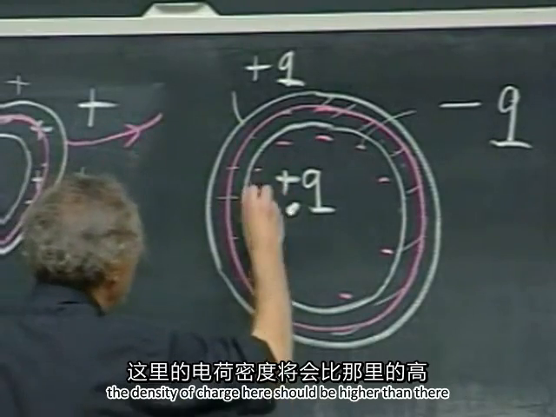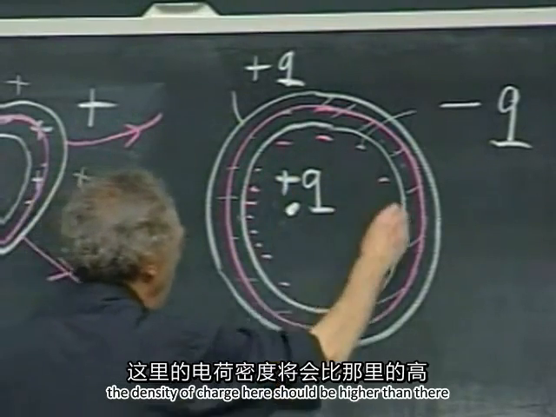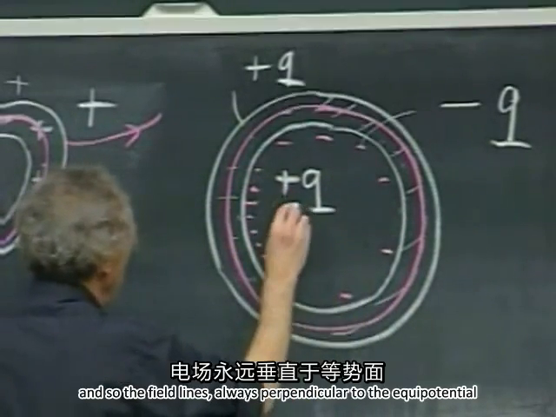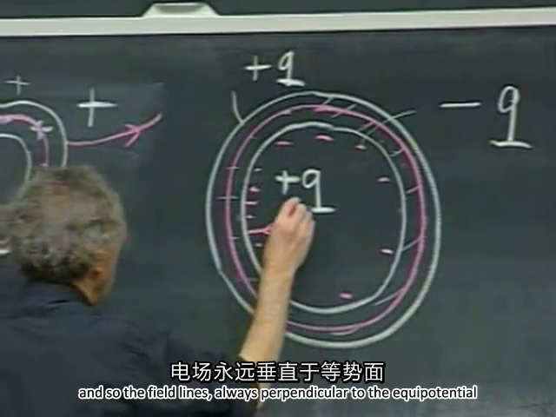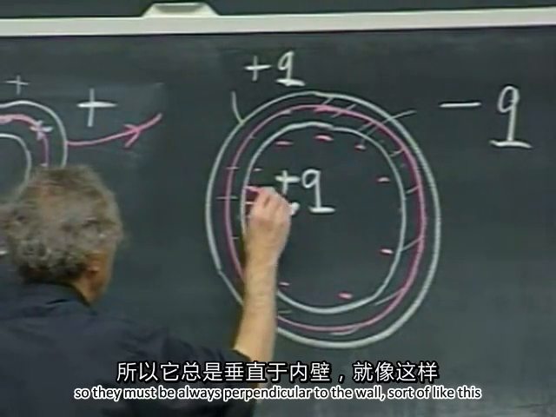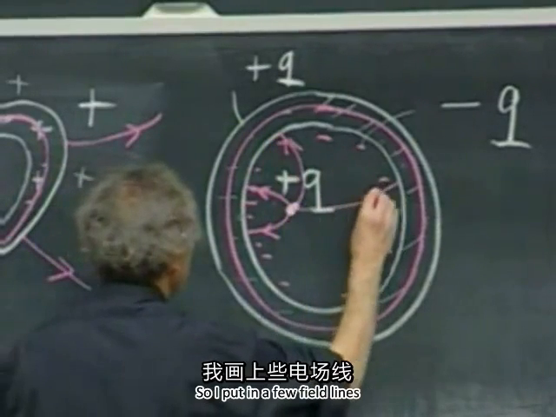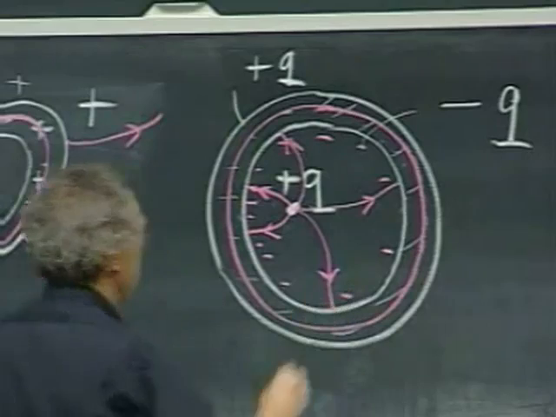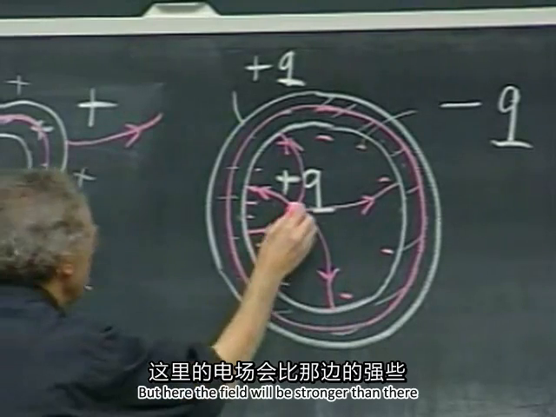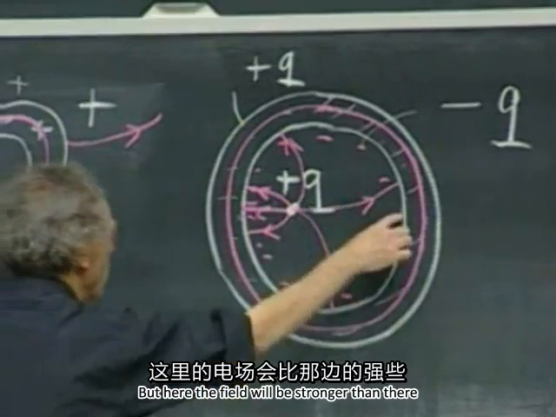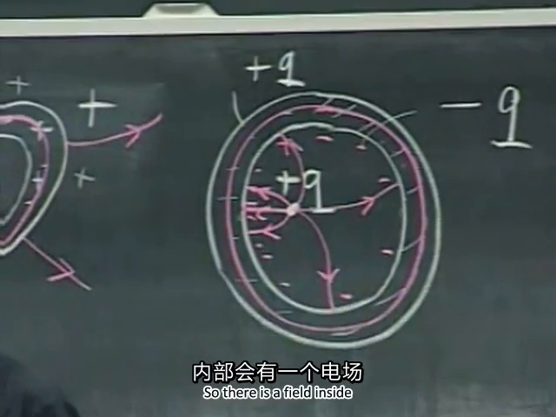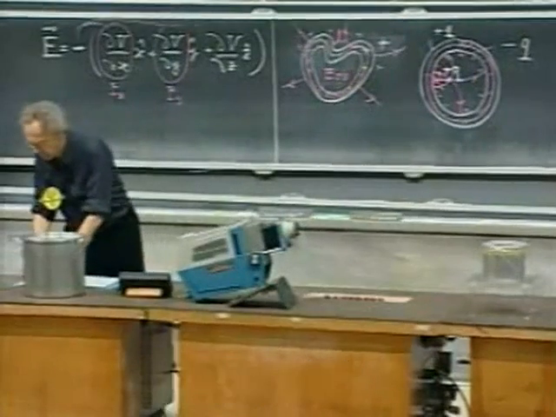And so it's clear that the density of charge here should be higher than there. And so the field lines are always perpendicular to the equipotential, so they must be always perpendicular to the wall, sort of like this. So I put in a few field lines. But here, the field will be stronger than there. So there is a field inside.